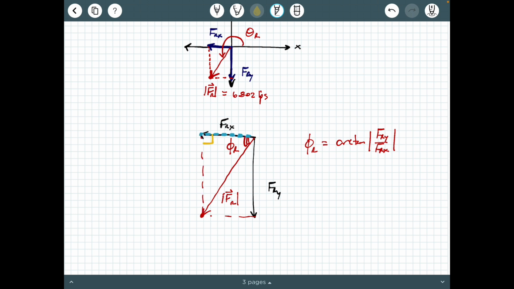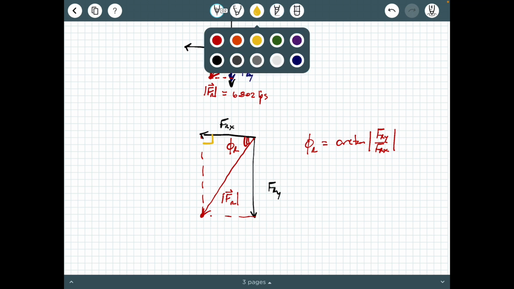So phi sub r will be arctan of opposite over adjacent. And again, make these values positive. The calculator you use will not understand if you put a negative inside the arctangent. It doesn't understand quadrants. You have to manually think and understand what it means to be in quadrant 1 versus 2 versus 3 versus 4.